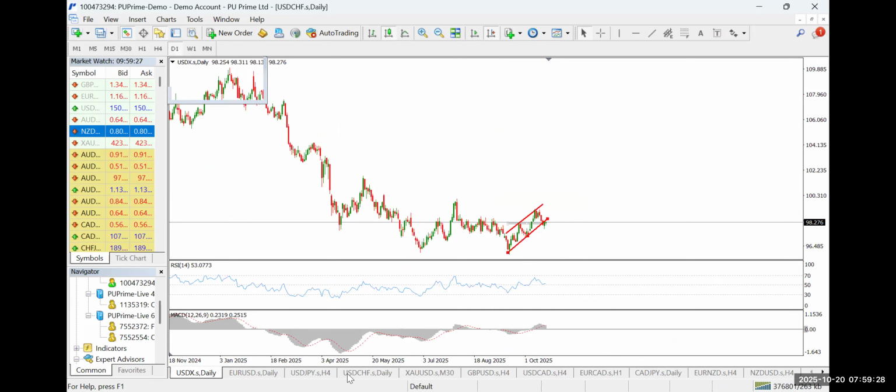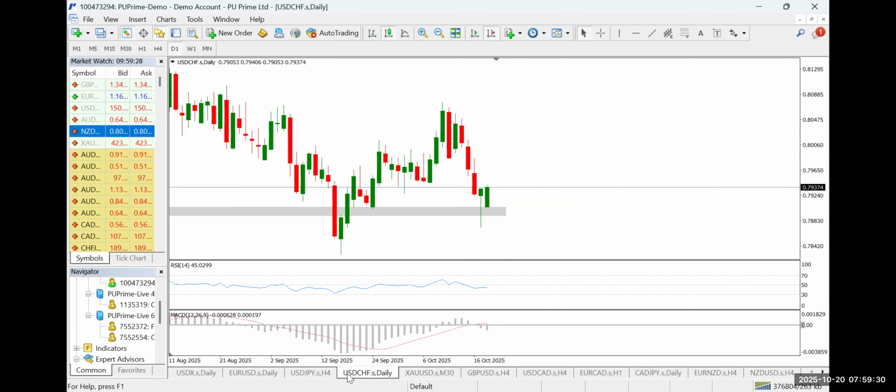Now the USDCHF seems to have a bullish outlook with this rejection candle on the support, this minor support last week. That can actually give some bullish movement on the USDCHF.